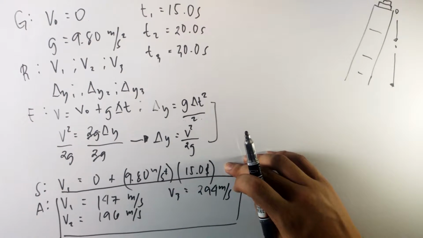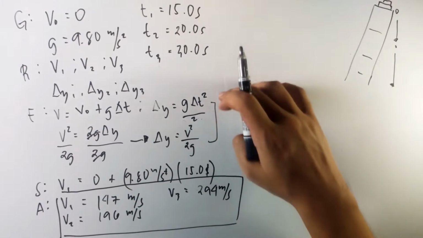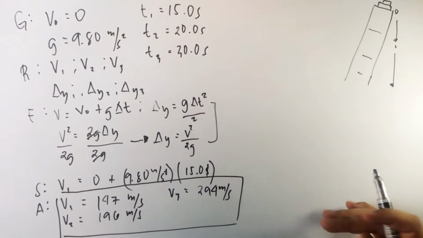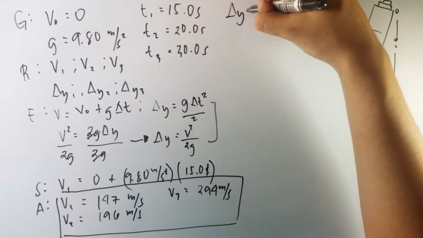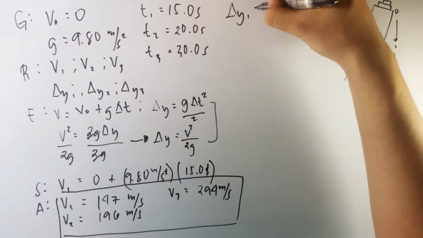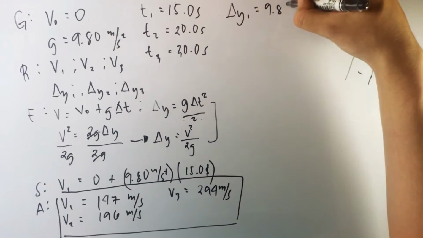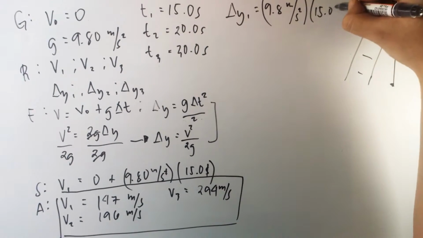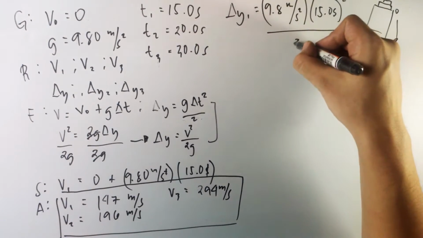Now for the displacement, I'm going to do one for each of these equations. Then you can do delta y sub 2 and delta y sub 3. I'm going to do delta y sub 1. I'm going to use this equation first. So we have 9.8 meters per second squared times 15 seconds squared divided by 2.